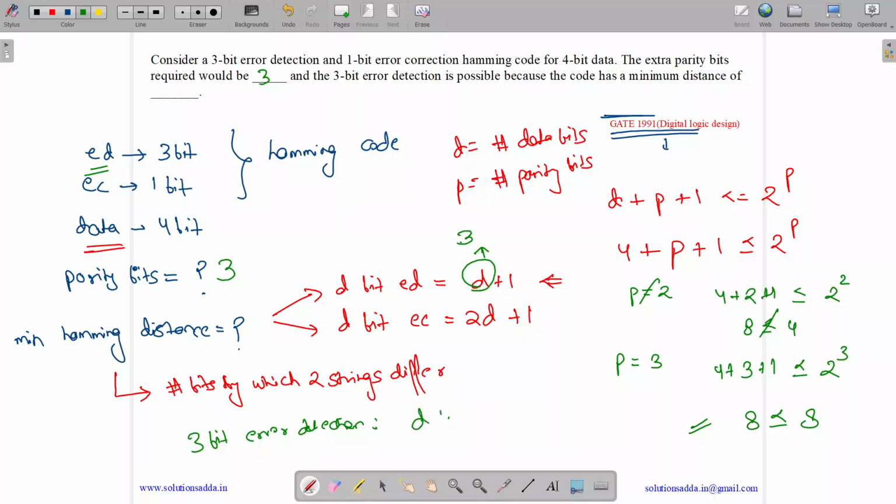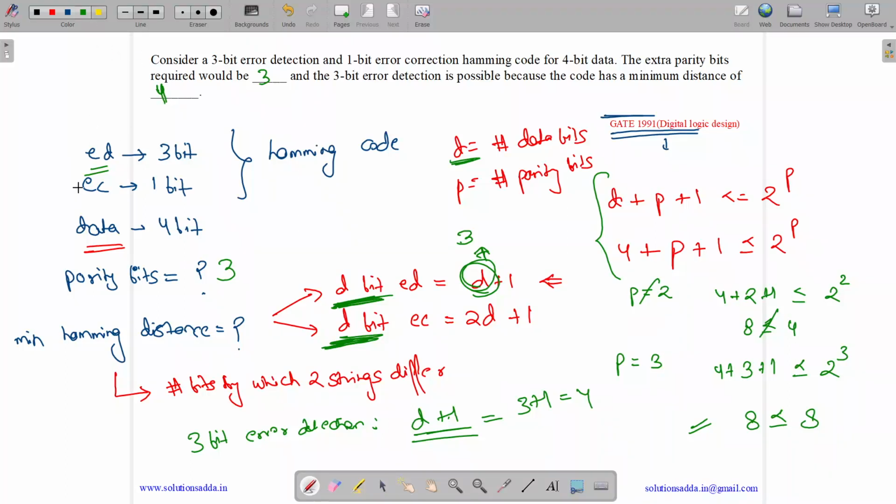So the answer would be d plus 1. Here d is the number of bits for which error detection or correction is done, whereas in the earlier formula d is the number of data bits. So for 3-bit we have 3 plus 1 equals 4. The minimum Hamming distance is 4.